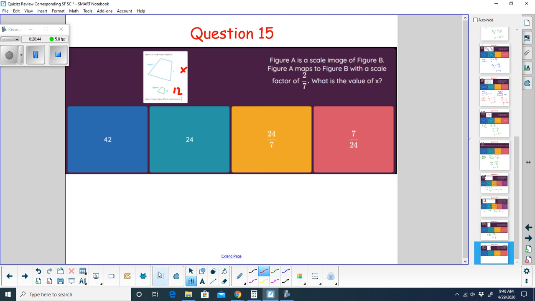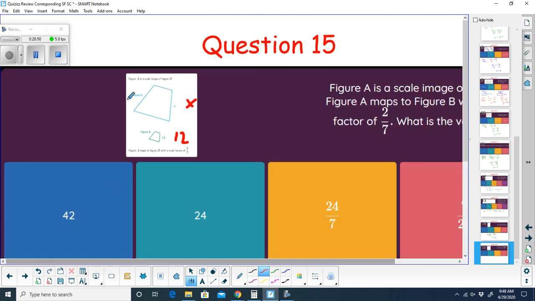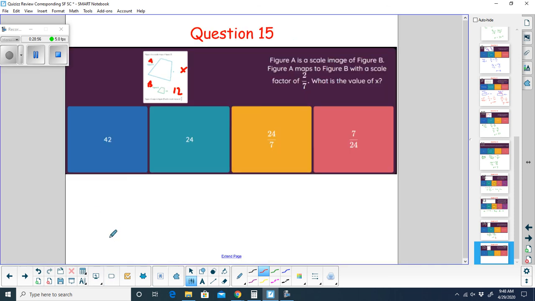And it's A to B. Let's make this bigger again. So this is A, and this is figure B. All right, back to reality size. So from A to B is 2/7. So we have this times 2/7 gives me 12. Well, 2/7 times x gives me 12.